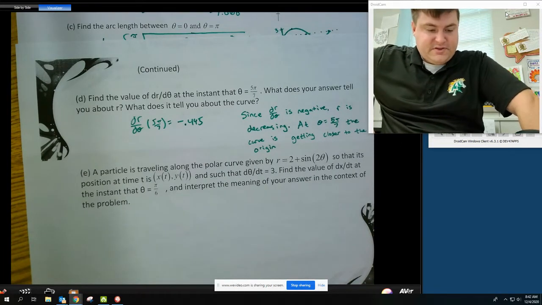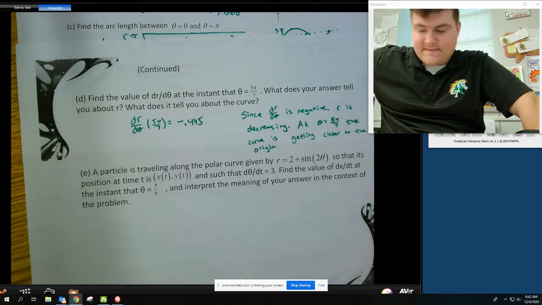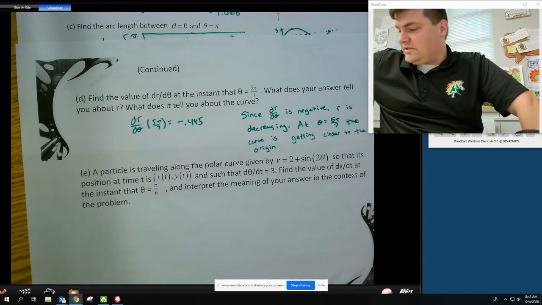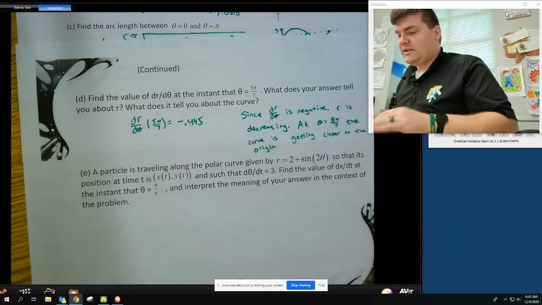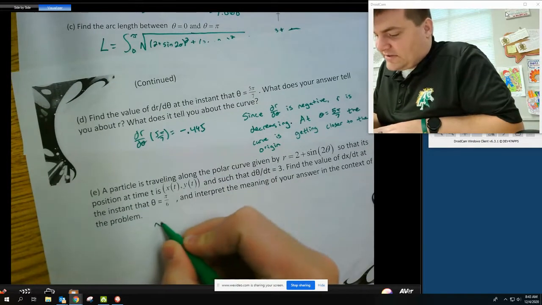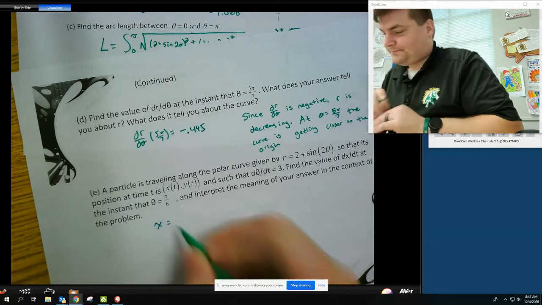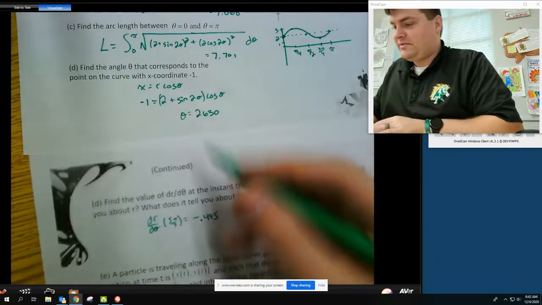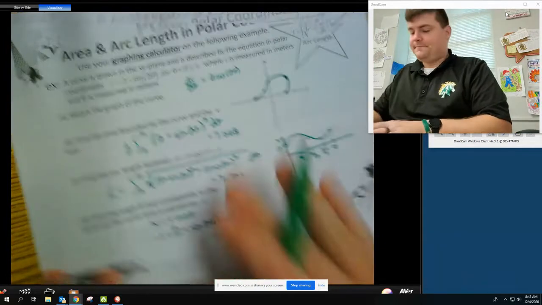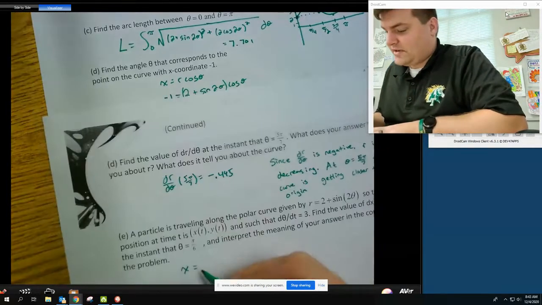So what we really have to do here is find dx dt, dy dt. Well, what is x in terms of t? We already did the x value, right? So we know x is equal to r cosine theta.